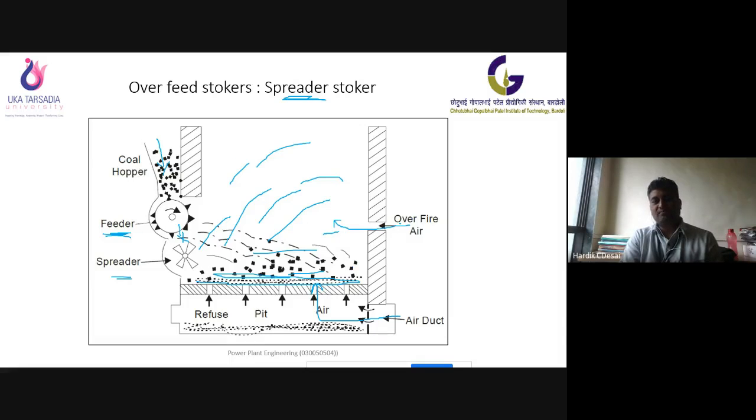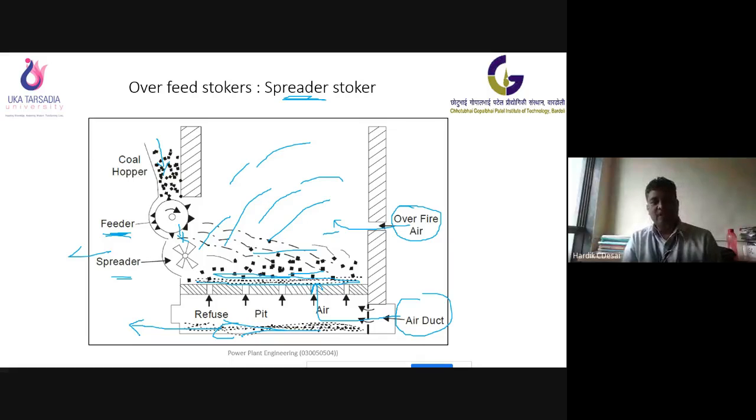So this is your secondary air, and this is your primary air. After the end of the combustion process, the ash will be collected in this ash pit, and then we can remove the ash. So this is how this spreader stoker works.